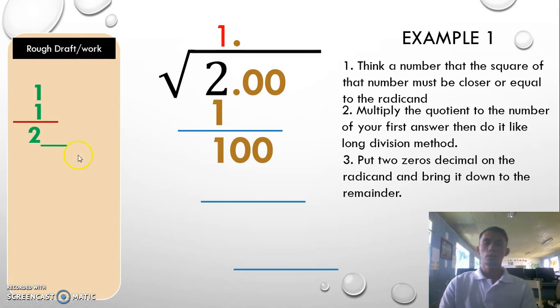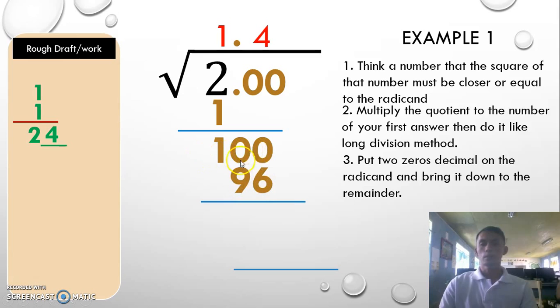If you have 24 times 4, you put it here. So if your answer is 4, you put also in your quotient 4. 24 times 4, you put your answer here. So you have 96.